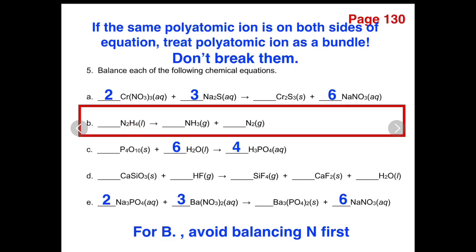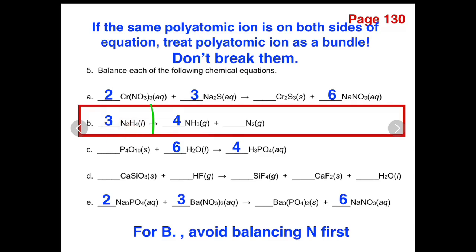We have 4 hydrogen, and we have only 3. The common denominator between 4 and 3 would be 12. So to make this 12, you need to multiply this by 3, and to make this 12, you need to multiply this by 4. That means in this case, you need 3 and 4 for the coefficients. If you do this, you are going to count the number of nitrogen on the reactant side.